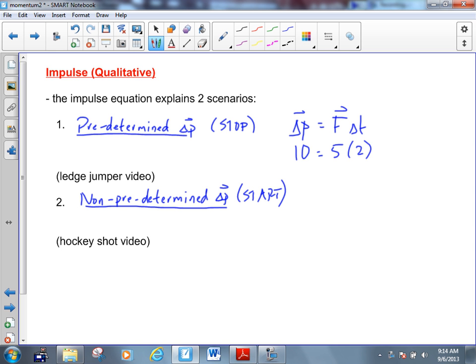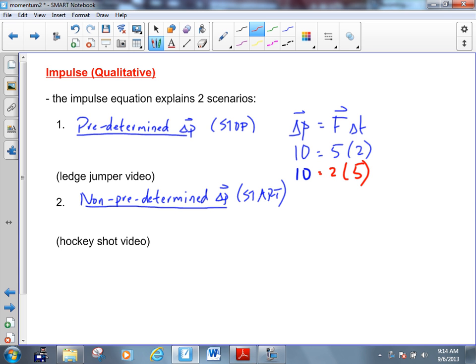Let's say I increase the stopping time to 5. The impulse is still going to be 10 because it's a predetermined impulse. What's the force going to be? The force is going to be, not 1, it's going to be 2, right?